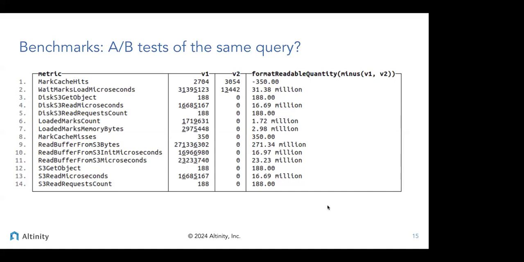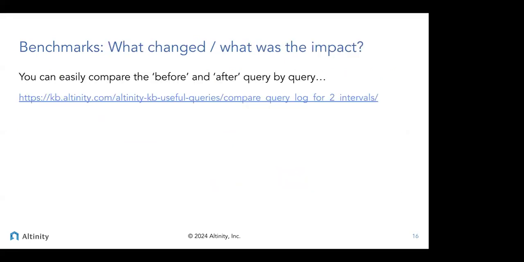So most probably we can also guess what was happening: it had to load those mark files which were missing in the cache from the disk S3. That's why the first run was so much slower. On the second run, it had the data in the mark cache and it was faster. This is the same way you can compare the same query or two different queries. It's very helpful to understand what's happening.